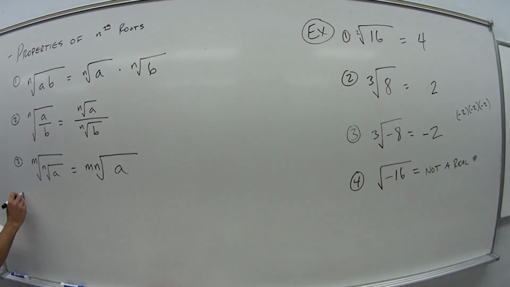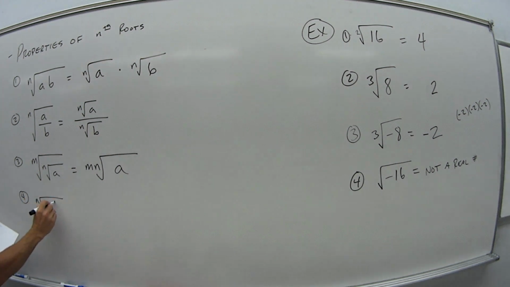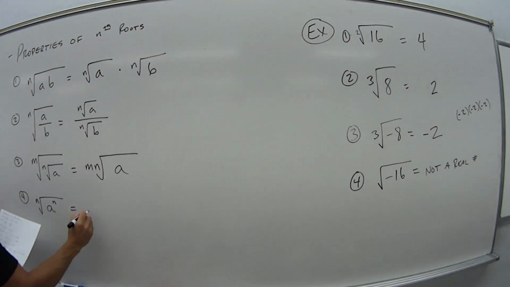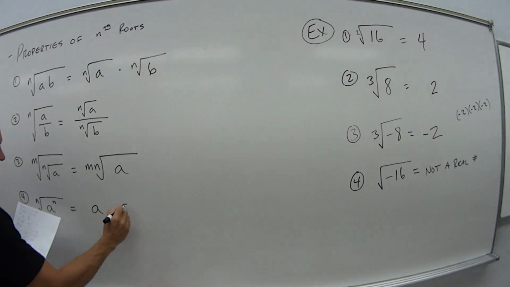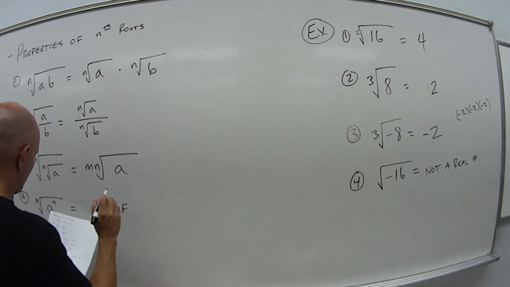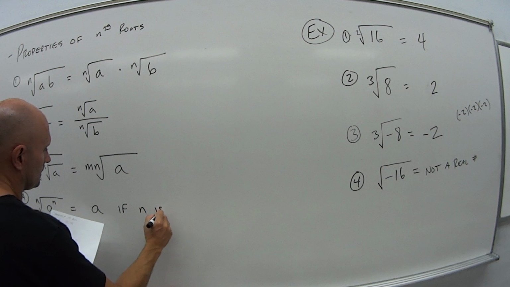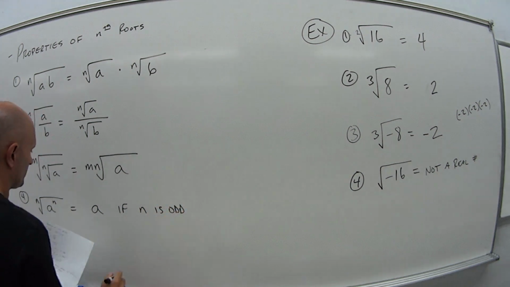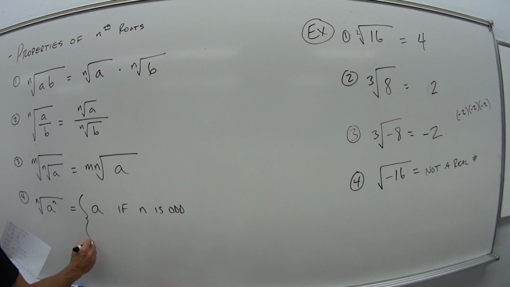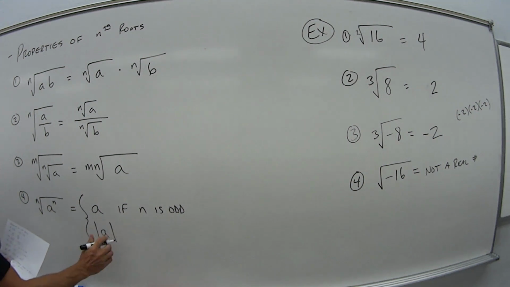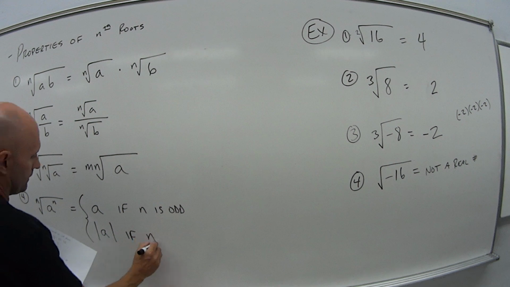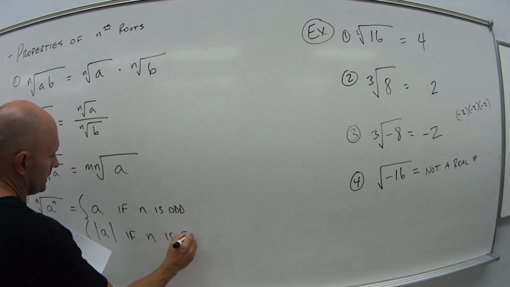Number 4, if I have the nth root of a to the nth power, this is just equal to a if n is odd. So let's do one of these guys. And it's equal to the absolute value of a if n is even.